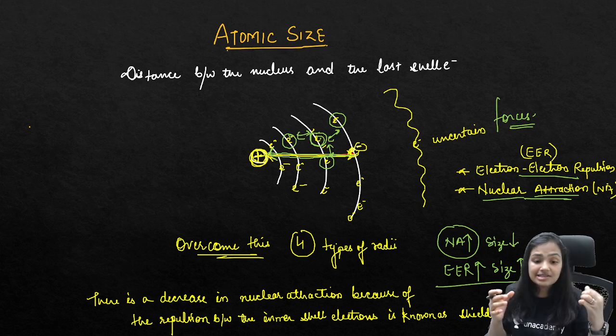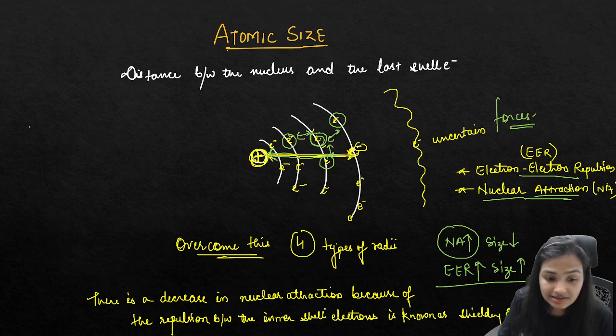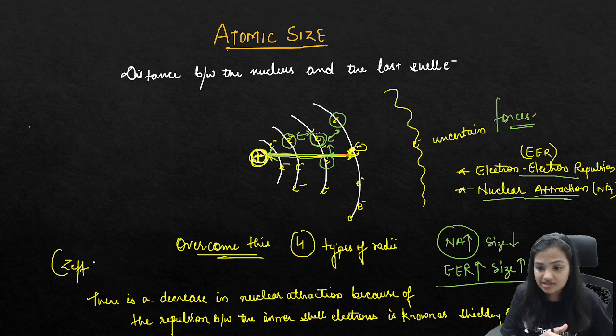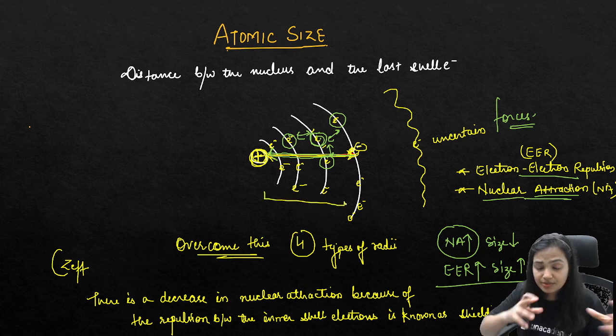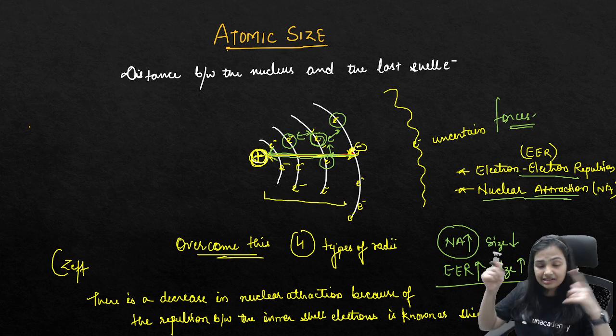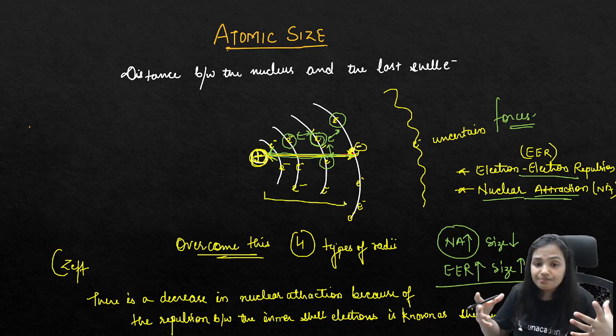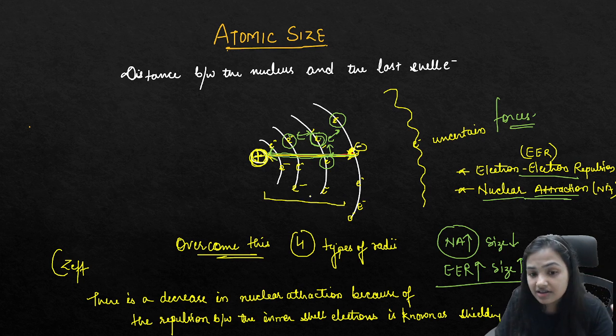Okay, so because there is a decrease in nuclear attraction, that is the effective nuclear charge, this is known as the effective nuclear charge. Because of the shielding, what are these electrons trying to do? Because of all this repulsion between the same shell electrons or the other shell electrons, they are trying to protect the last shell electron from the effect of the nucleus, and this is known as the shielding effect.